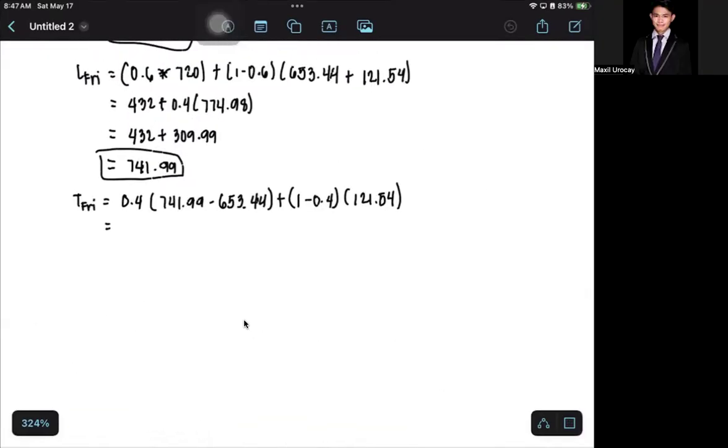Okay, so calculating that, 741 minus that will become 88.55.